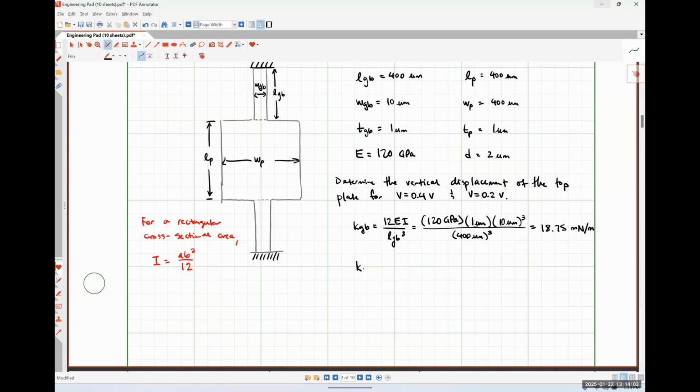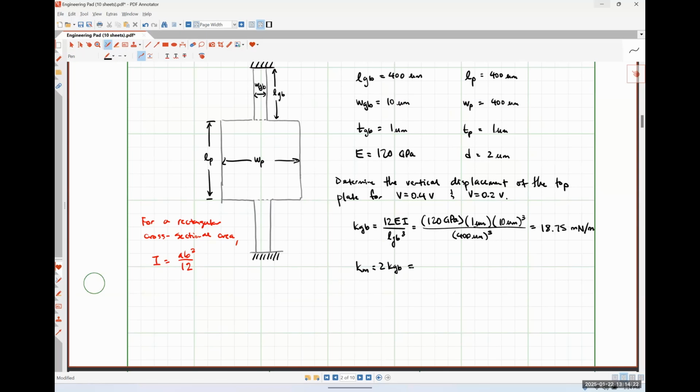And my total mechanical spring constant then is just going to be twice kGB, because I have two of those connected in parallel. So one side is connected to the proof mass itself, the other side is connected to an immovable anchor point, so that's why I'm considering them as in parallel. Okay.